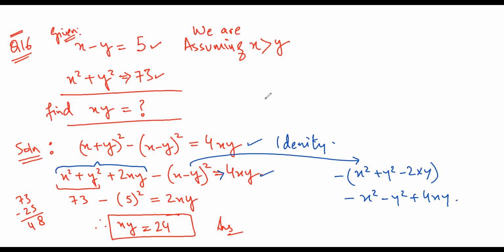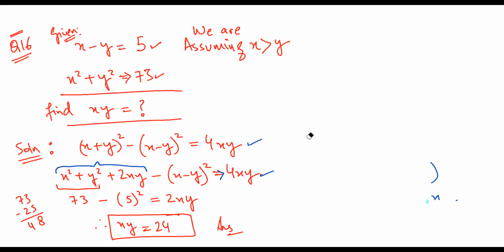But here, what I need to do is that I have been given the value of x square plus y square. The value of x square plus y square is 73. So all I do is I put this value of x square plus y square is equal to 73 plus 2xy, and then 2xy will come towards the right hand side, and this will become 4xy minus 2xy is equal to 2xy. Any doubt?